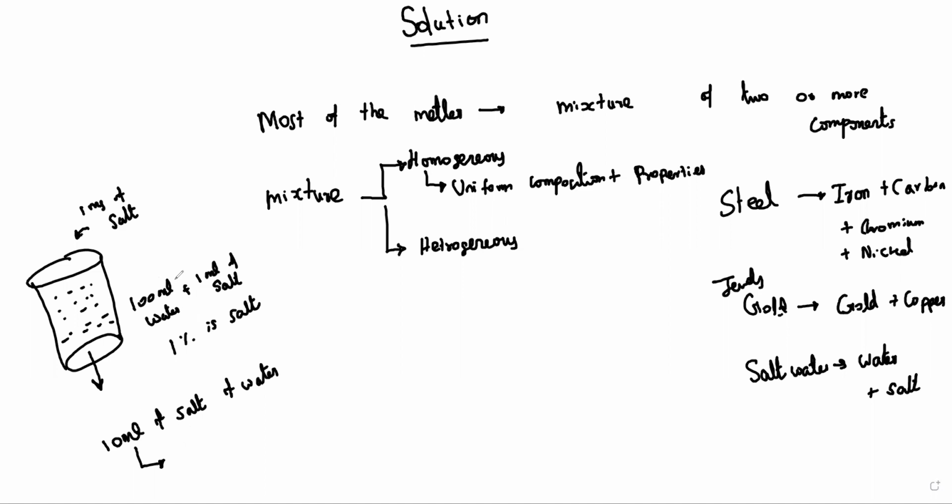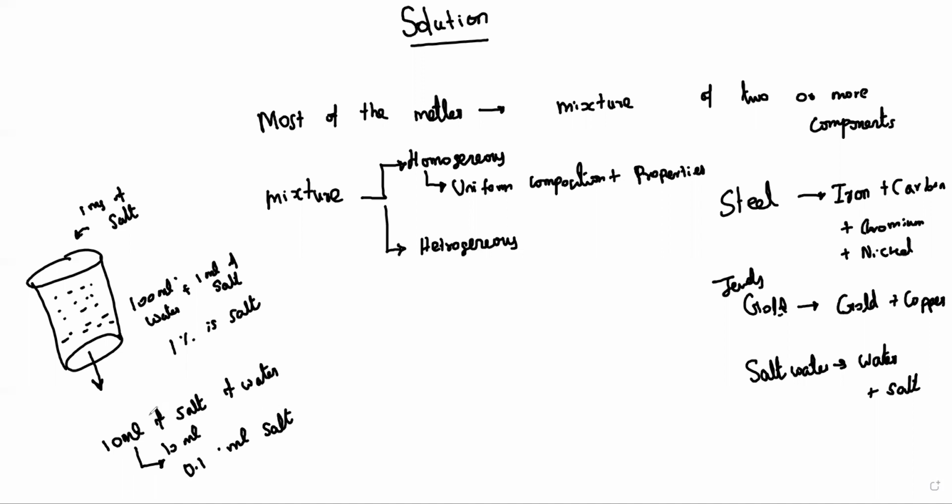In 100 ml of this salt water, we are having 1% of salt. Then if you take 10 ml, 0.01, it is 0.1 ml. In 10 ml you will be having 0.1 ml of salt.